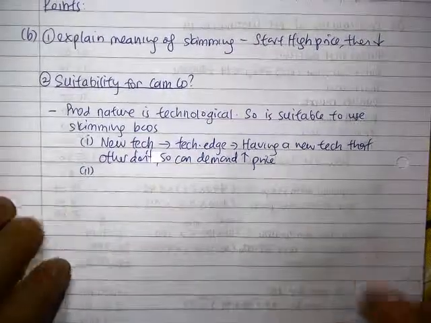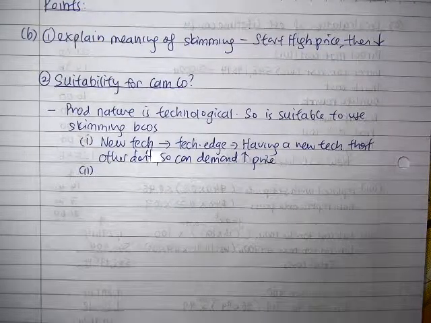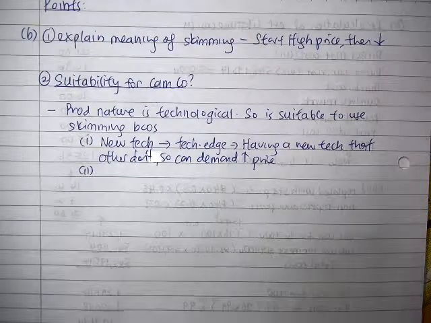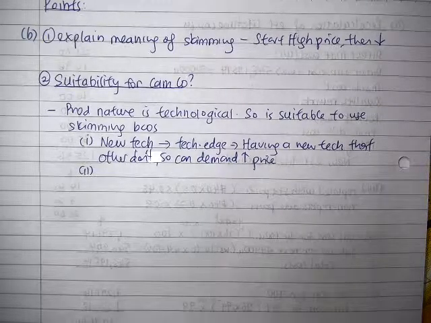Now number two, another point that we know when it comes to technology, at the beginning, because technology is new, the customers are not so price or demand elastic. They value the technology, so they don't mind paying for it, right?